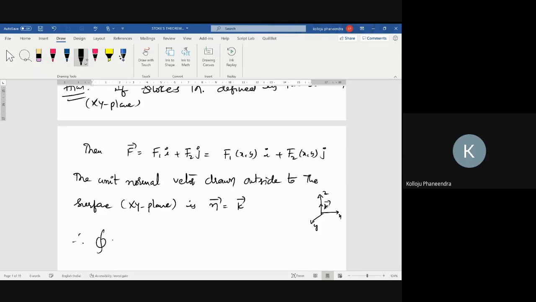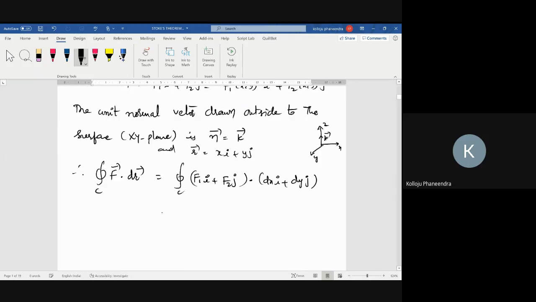Therefore, what does this become? F bar dot dr bar over C is equal to the circulation over C of F1 i plus F2 j dot dr bar. What is r bar in the xy plane? x i plus y j only. So dr bar is dx i plus dy j. So this becomes the circulation over C of F1 dx plus F2 dy.